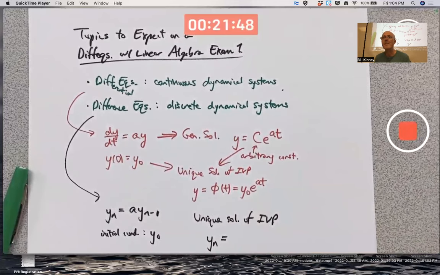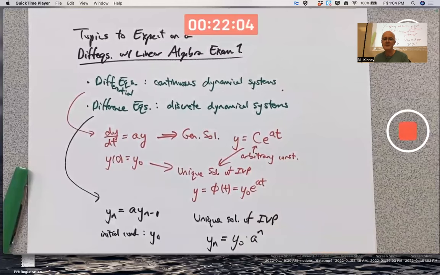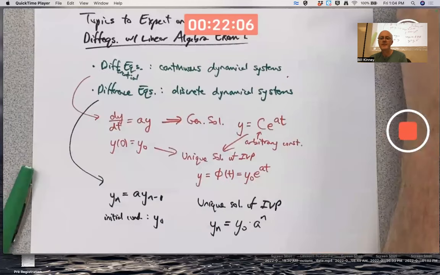Anybody remember? Taylor series, is that what you said? You maybe could use a Taylor series to help you, but you don't need to. Yeah. A to the n power. Y0 times a to the n power.